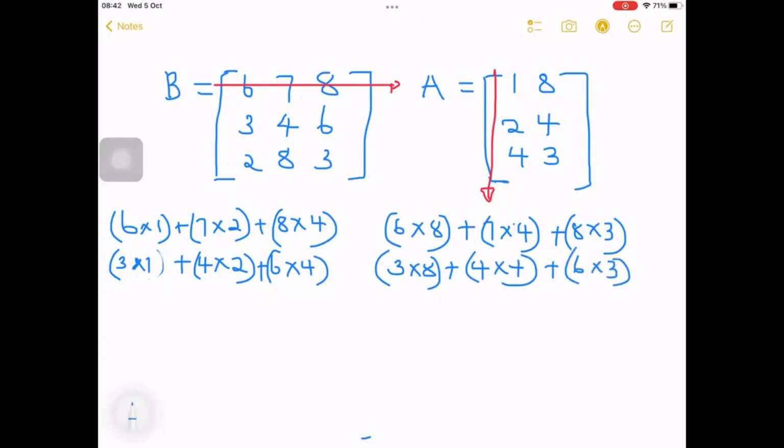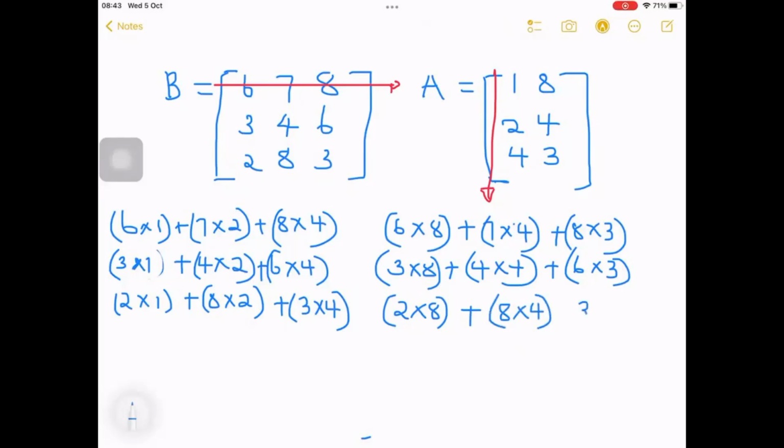Then now the last row, we have 2 multiplied by 1 plus 8 multiplied by 2 plus 3 multiplied by 4. Then 2 multiplied by 8 plus 8 multiplied by 4 plus 3 multiplied by 3.